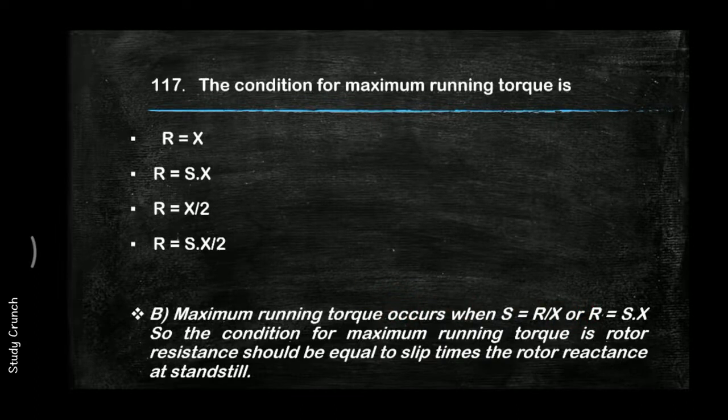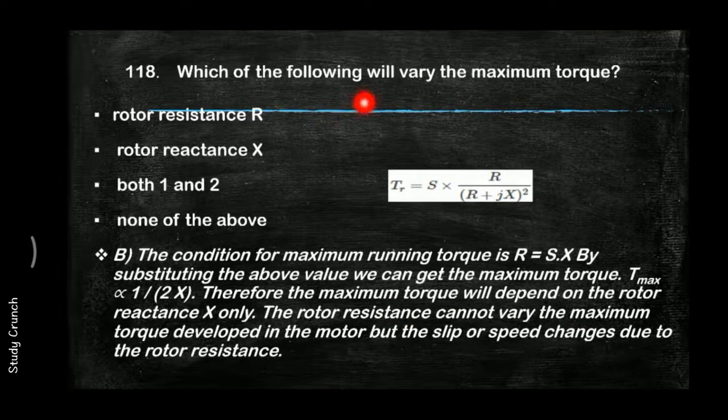Next, which of the following will vary the maximum torque? The answer is rotor reactance. T is equal to S into R upon (R plus jSX) whole square. The condition for the maximum running torque is R is equal to S into X. By substituting the above value, we can get the maximum torque.